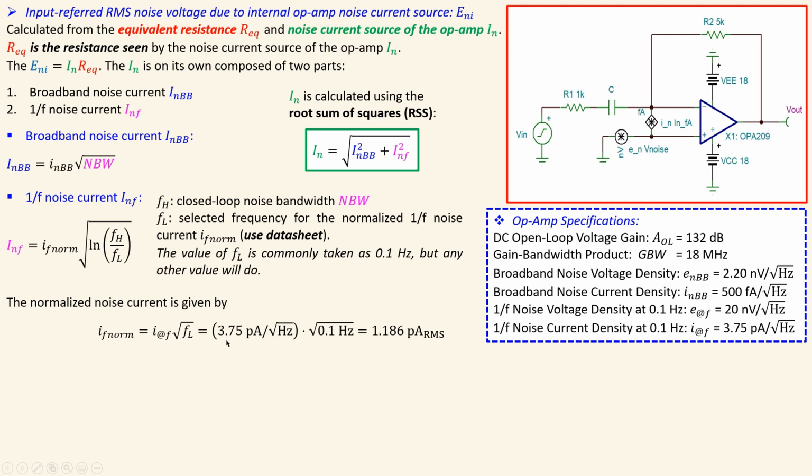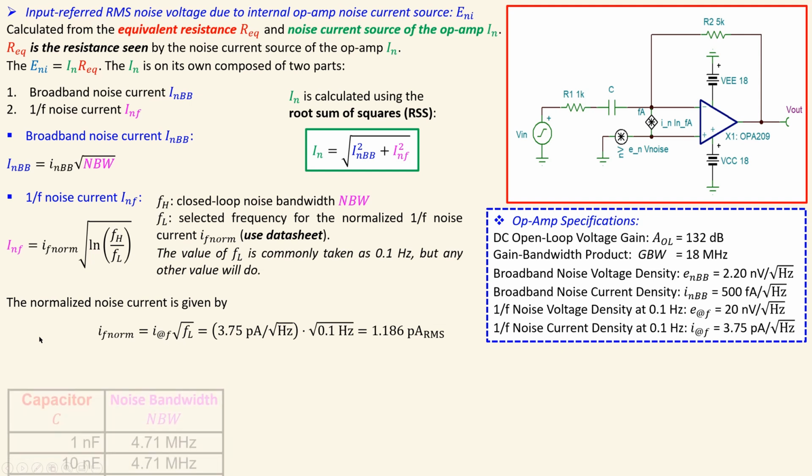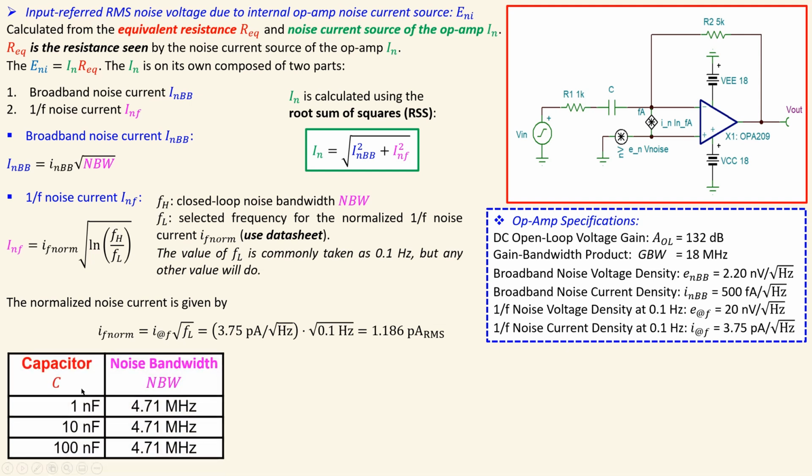So it's actually this one, times the square root of the value which we have used to determine the 1 over f noise current densities. So we have the 1.186 picoamps RMS that will be used in these calculations. Now for the capacitor, again we have the 1, 10 and 100 nanofarads, and the noise bandwidths are shown here.